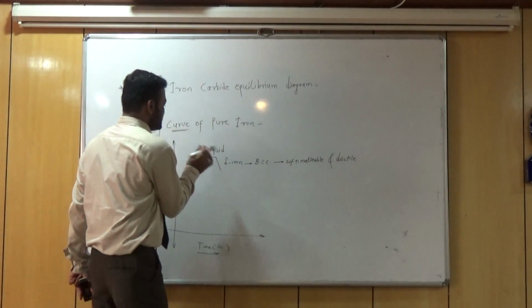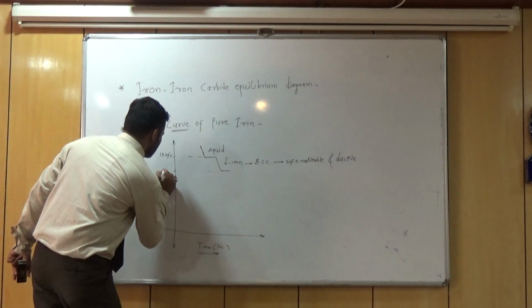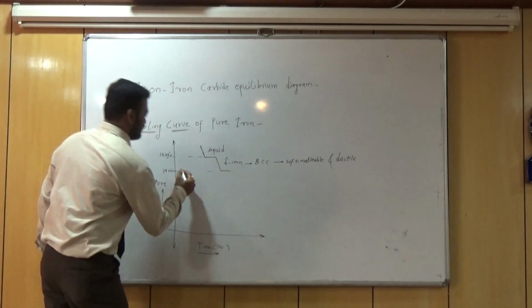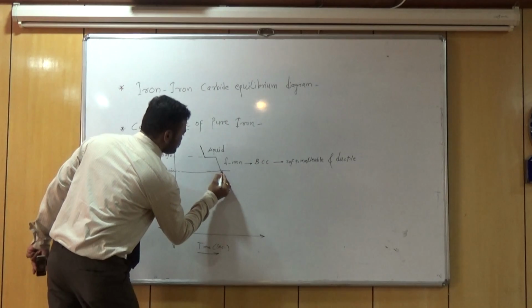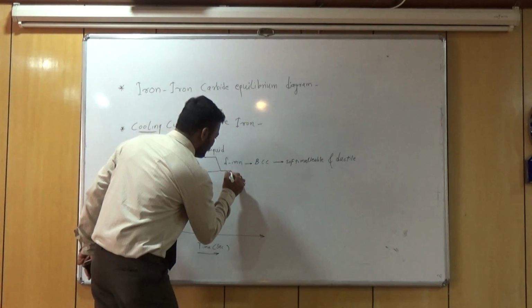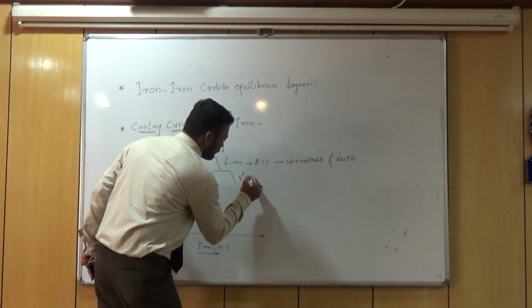Then this phase will last till temperature reaches 1400 degrees Celsius. Okay. Then when temperature falls below this 1400 degrees Celsius, it will get transformed to gamma iron.